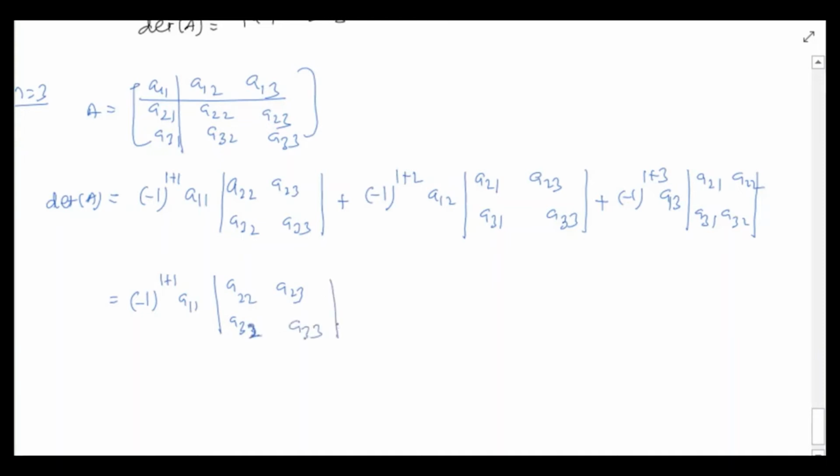Now I'll move to the next element of the first column, that is minus 1 raised to 2 plus 1, and this is A21. The submatrix that I'll consider is A12, A13, A32, A33.